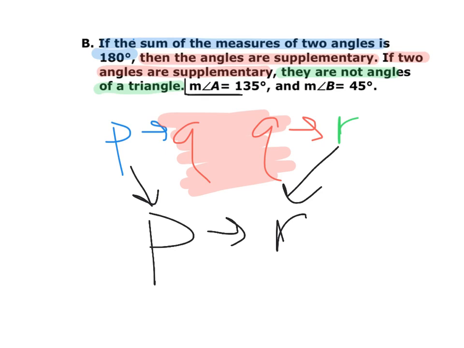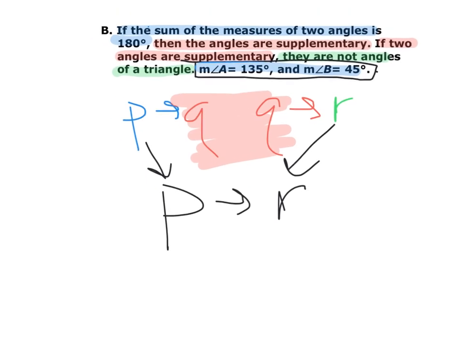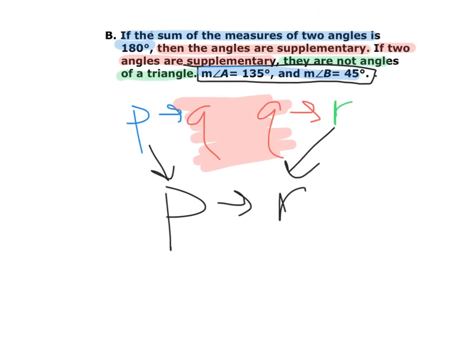So if the measure of angle A is 135 degrees and the measure of angle B is 45, what is this proving? Does it go with the sum of the measures of the two angles is 180, the angles are supplementary, or they are not angles of a triangle? Do they add up to 180? Yeah, so this goes along with the P. So if P is true, the sum of the measures of the two angles is 180, then R is true.